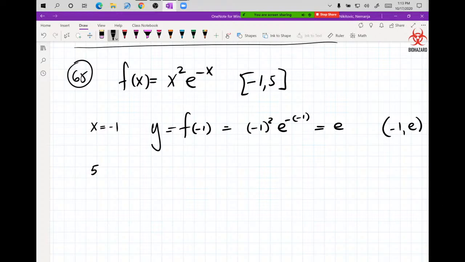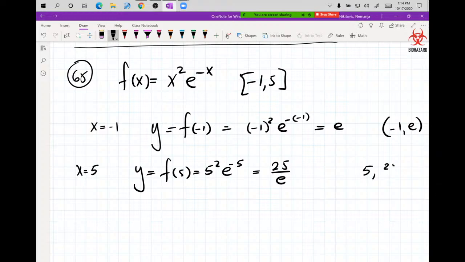And then you immediately calculate the same thing for x equals 5. The y value is f of 5, which is 5 squared times e to the negative 5. So that's 25 over e^5. So over here we have 5 and 25 over e^5.